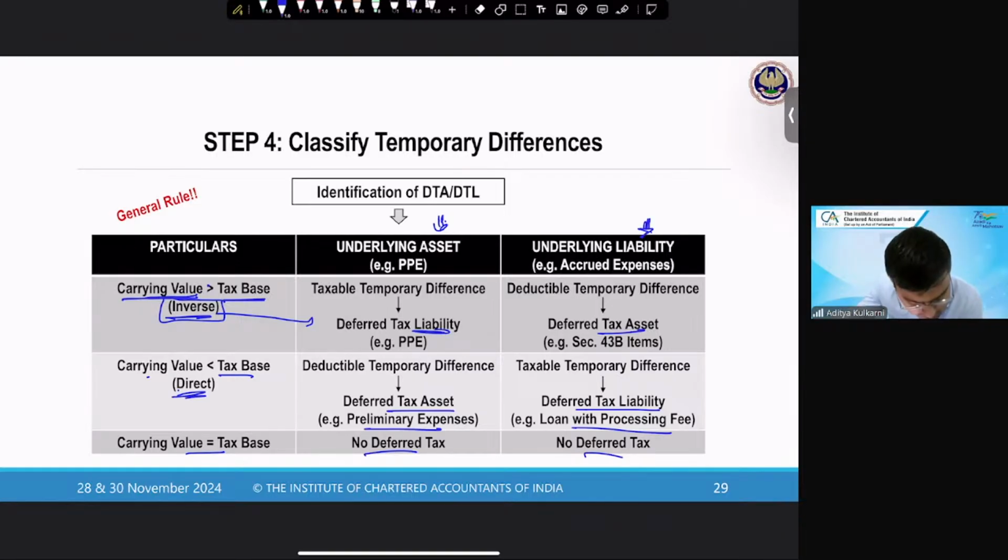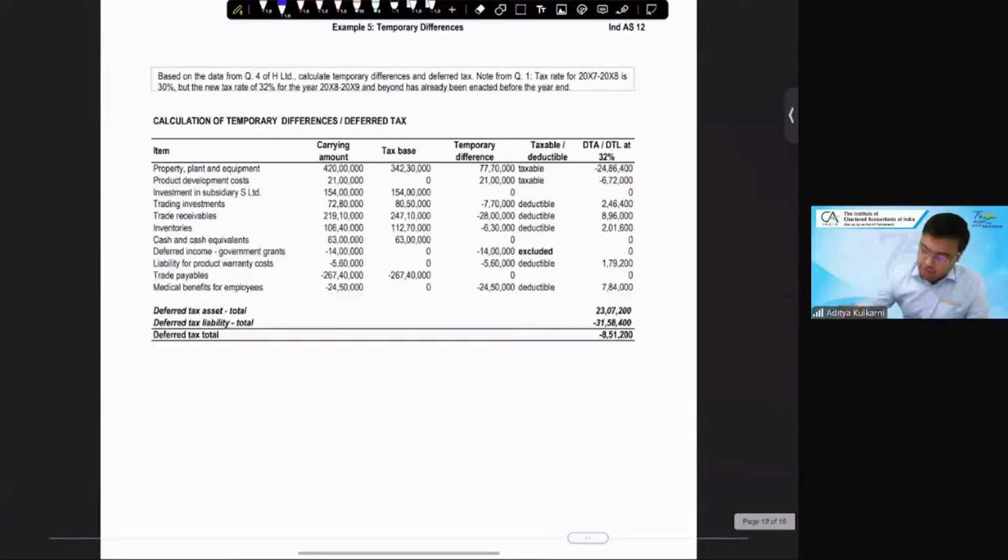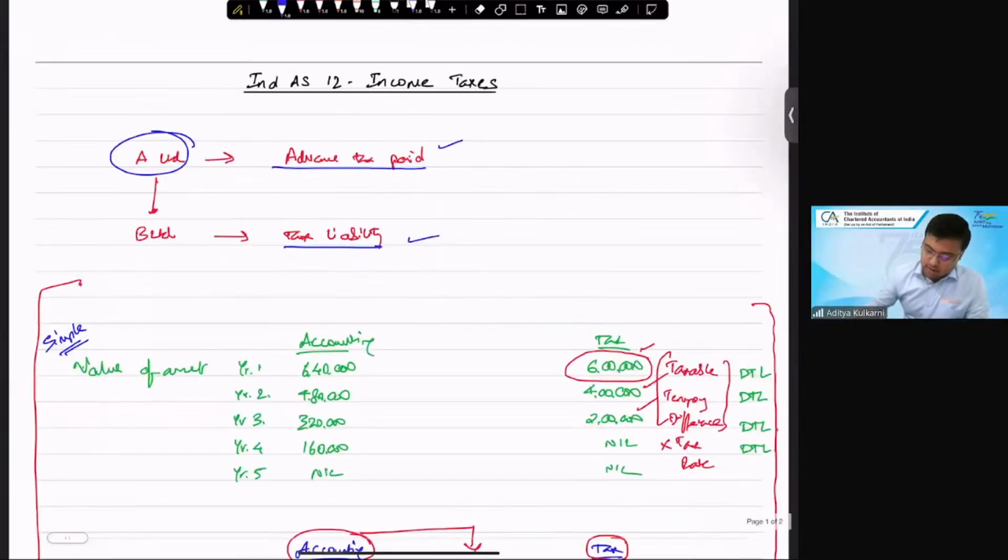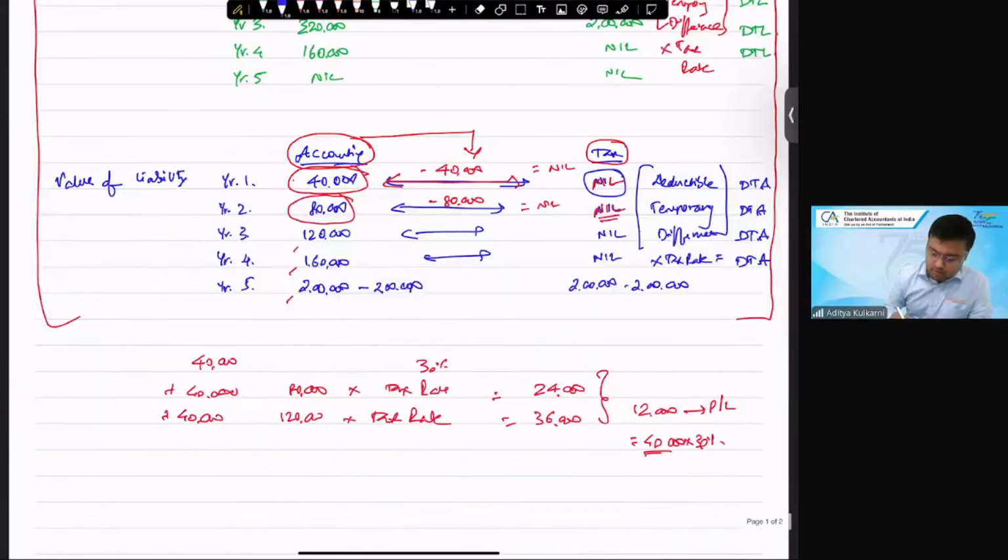How can we understand this for a liability, sir, because there I am not able to relate the depreciation effect in reverse? Liability also I explained to you. If you look at my question, this was a liability. So 40,000 was interest accrued on borrowing, which we have not paid.